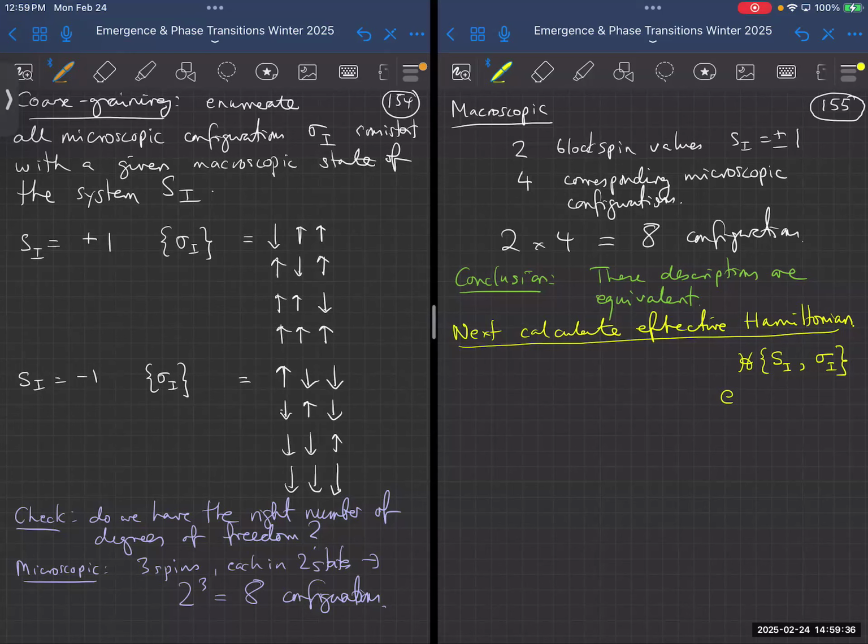And so what I want over here on the right-hand side is the effective Hamiltonian, which I'll call H prime, and that's only going to depend upon the block spin variables. And so in order to get that, I have to do a trace over the microscopic configurations sigma I of my original Hamiltonian.